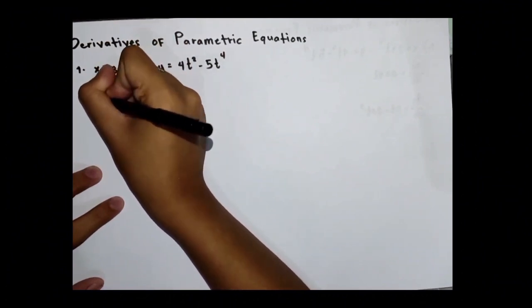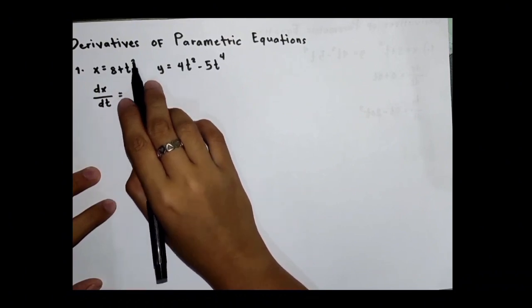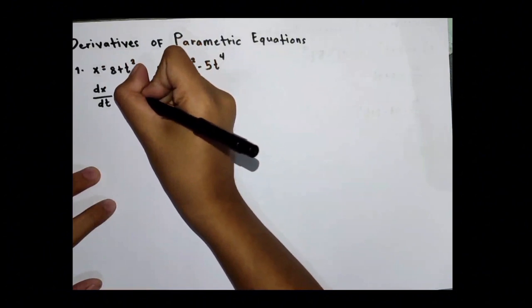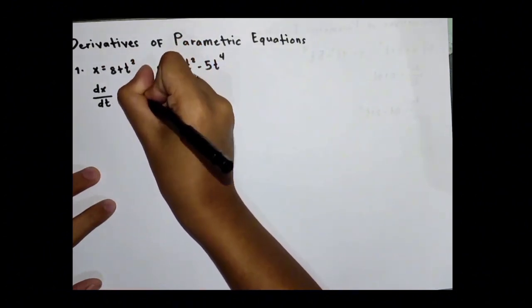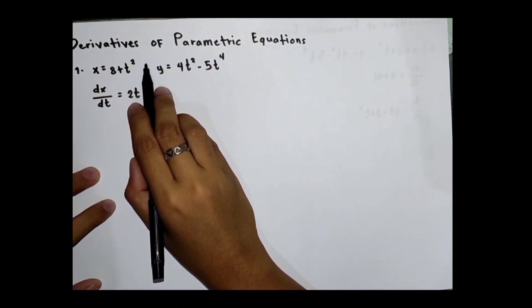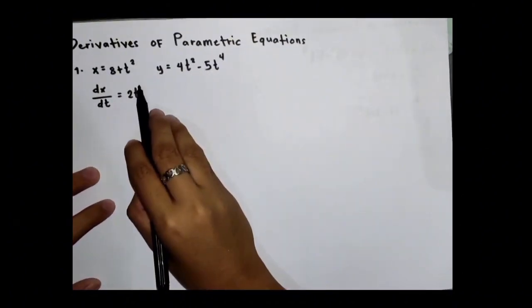Let's write dx over dt. Since 8 is constant, its derivative is 0, plus 2 times 1t equals 2t. 2 minus 1 equals 1, so no need to write the exponent 1. So, the derivative of x is 2t.